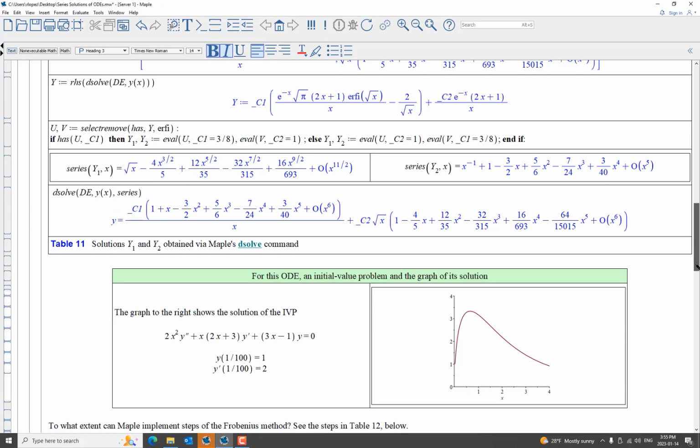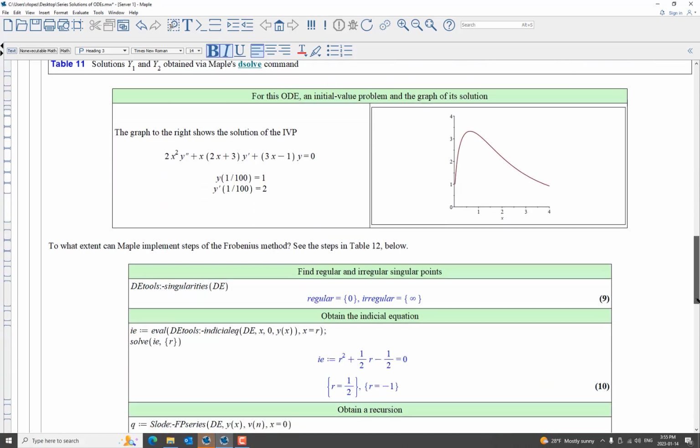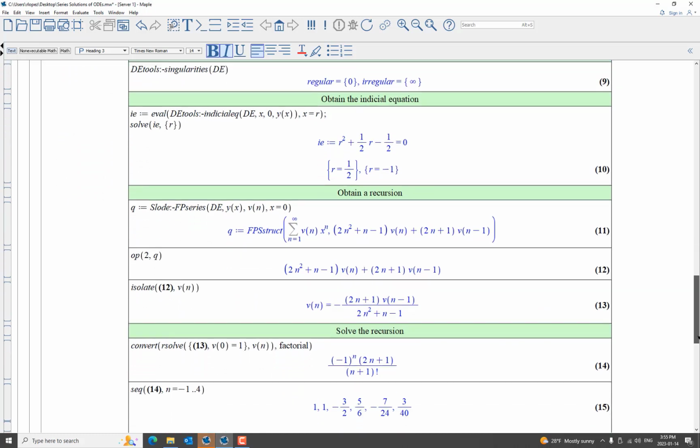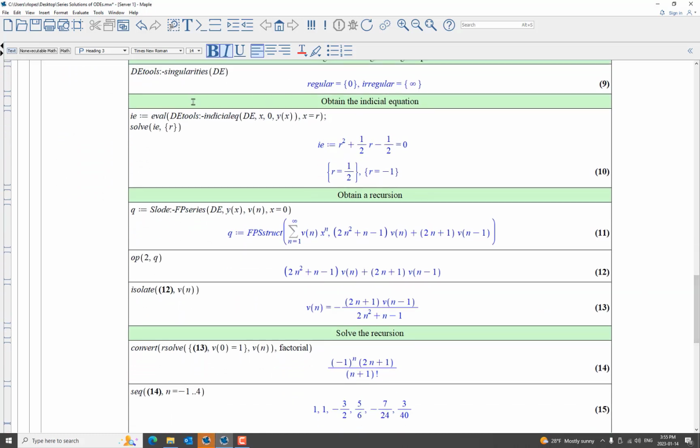So what additional tools might Maple provide? Here in table 12, we'll take a look at some of these tools. There is in the DE tools package this singularities command. It will tell us that 0 is a regular singular point. Now, it's not a regular point, it's a regular singular point, and infinity is an irregular singular point.